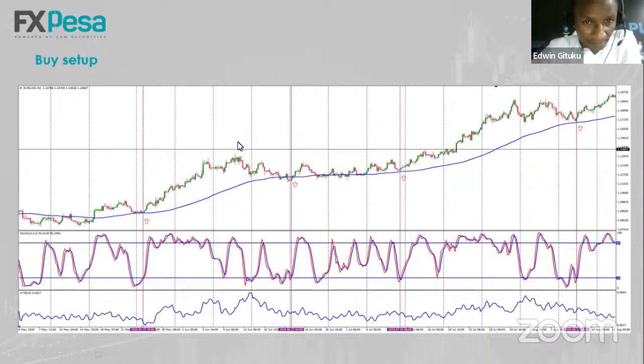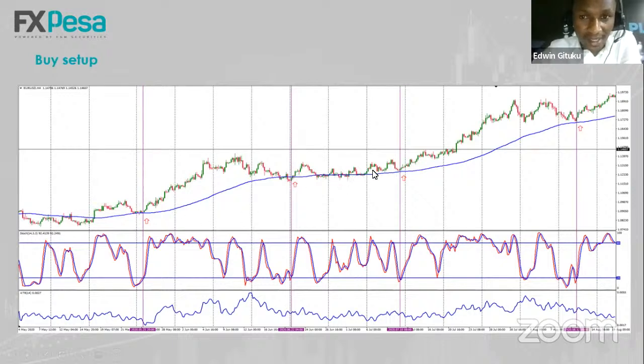So ideally, you're trying to wait for scenarios where you'd have pullbacks in price. And once price gets back to the moving average, then you're waiting to have price initiating a reversal.